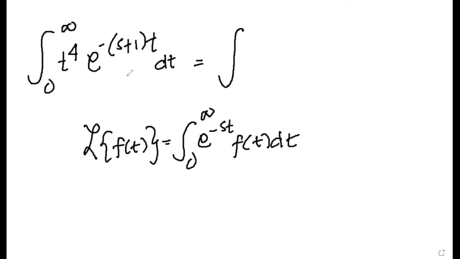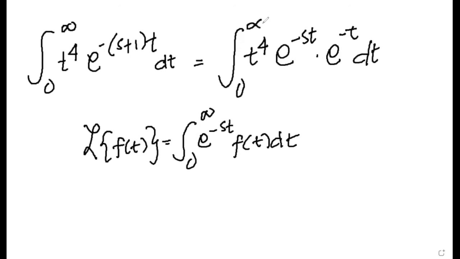So Laplace of, we have t raised to 4, e raised to minus s, distribute this one, times t, so minus st times e raised to negative t dt with limits from 0 to positive infinity.